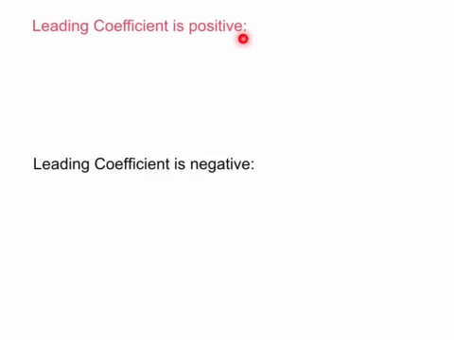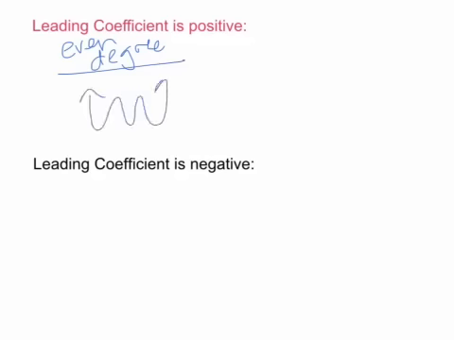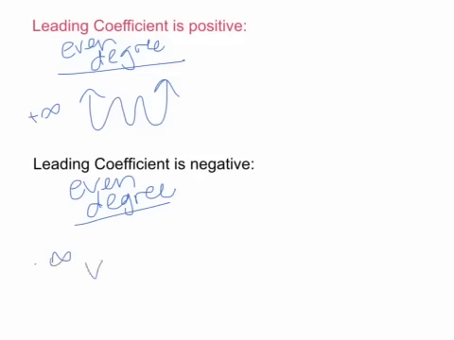If your leading coefficient is positive, I'm just summing it up, and it's an even degree, then both end behaviors are going towards positive infinity. If it's a leading coefficient, even degree, but it's negative, then both ends are going towards negative infinity.